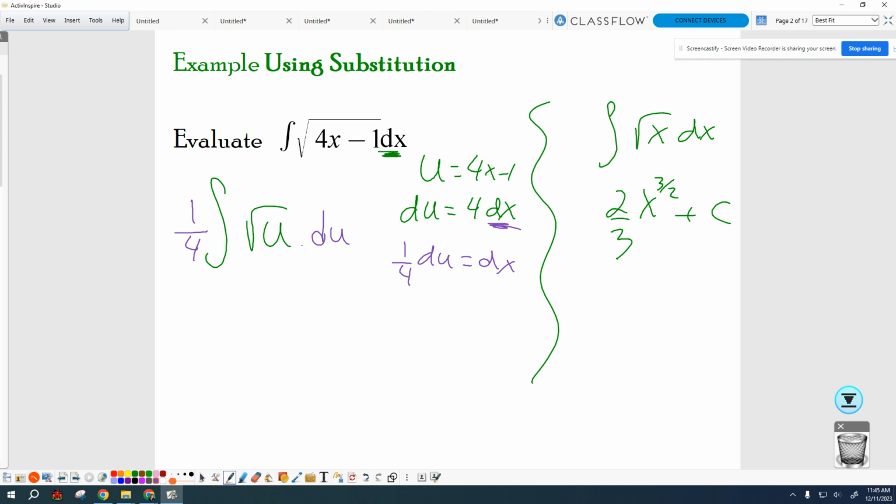And now I'm going to do the same problem I did over here, but I'm integrating with u. So u to the half, raise the power, divide by the power, so dividing by 3/2 is multiplying by 2/3. That 1/4 is still there, plus c. Okay, there's one last step.